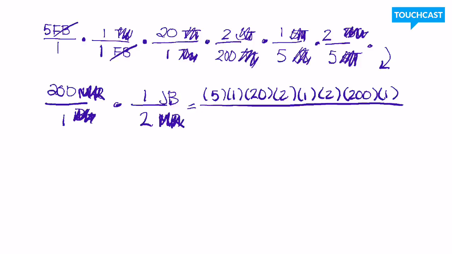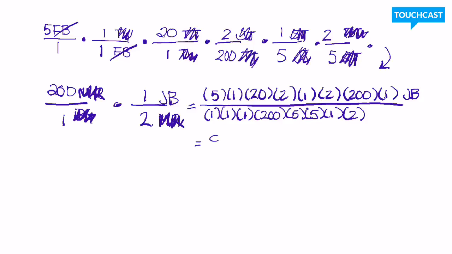Over, oh, in my unit, all my other units cancel out. So now I have 1 times 1 times 1 times 200 times 5 times 5 times 1 times 2, and there's no unit because all the units on the bottom have canceled out. So when I multiply that all out, that's the next step of our dimensional analysis problem.